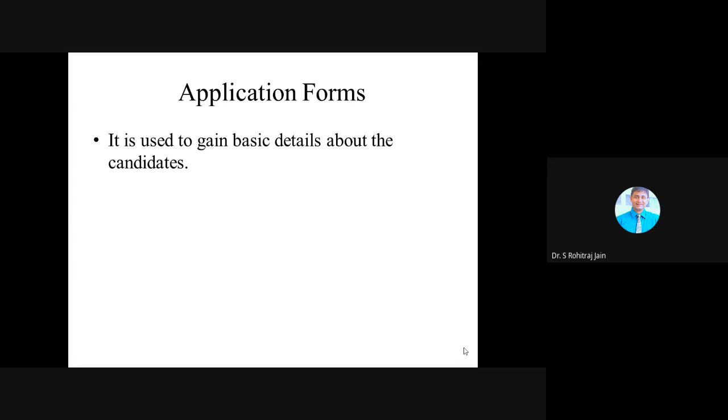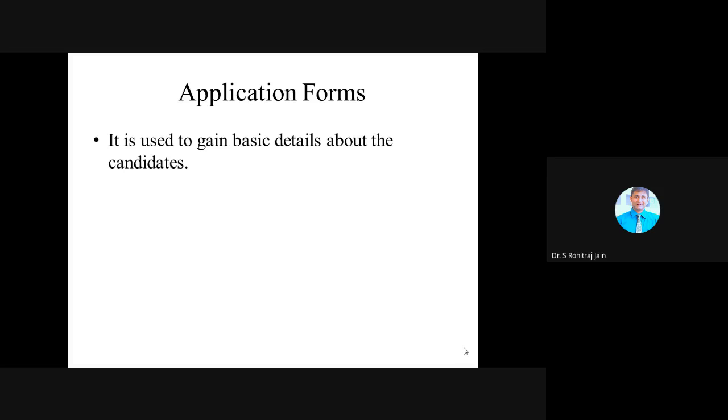It also helps to pass the candidates' details to the management and other members of the interview panel, and it facilitates data storage for future use. So basically, students, what do we understand by application forms? It is used to gain the basic information about the candidate who has applied for a particular job.